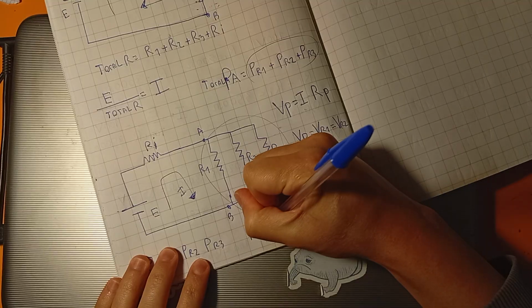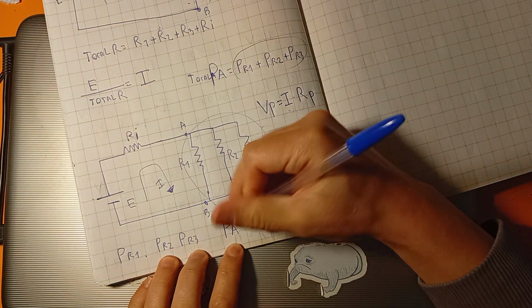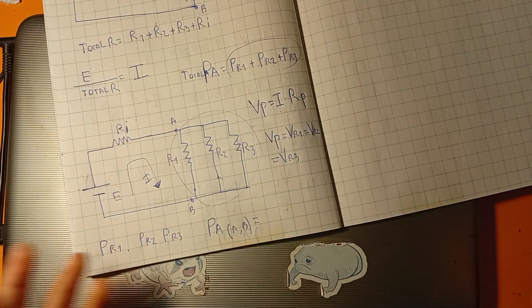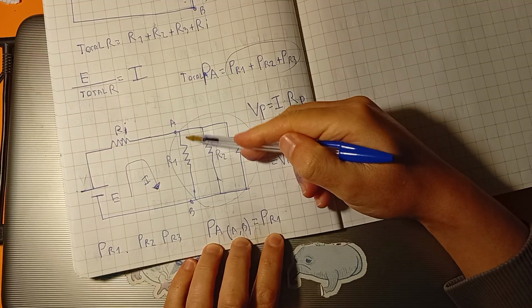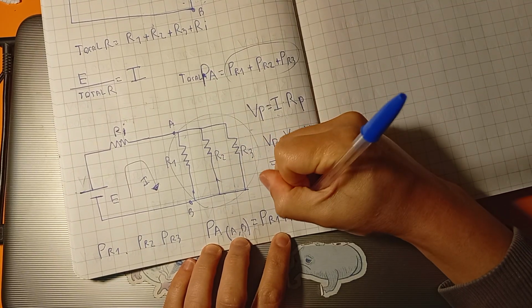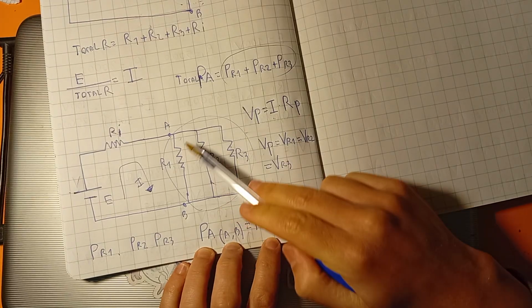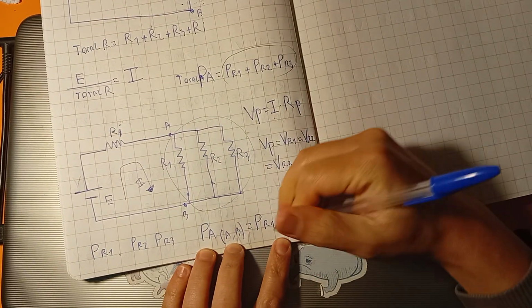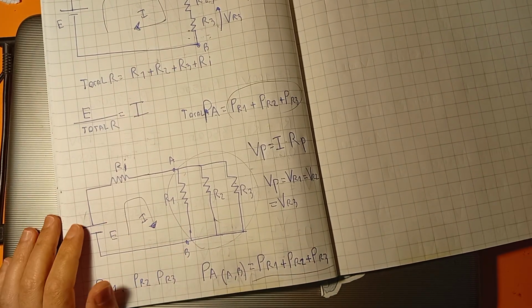The total absorbed power between these two points A and B is still the power here plus the power here, PR1 plus PR2 plus PR3, okay? You calculate it in the exact same way.